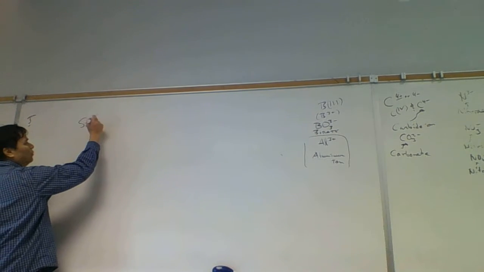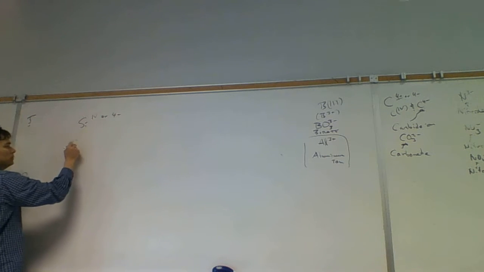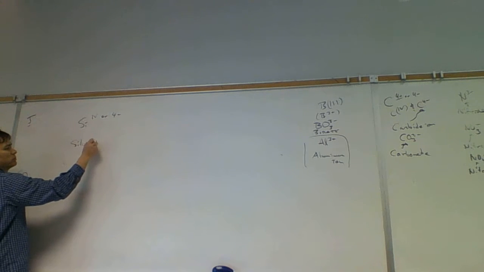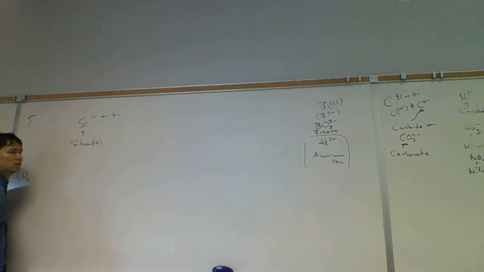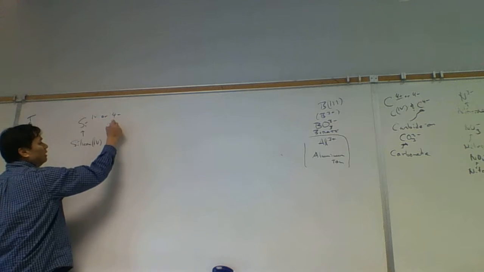So silicon 4, or 4 minus. We call the first one silicon 4. When you start getting these high charges, we typically use Roman numerals to indicate that they have to be stabilized by something. Silicon 4 is usually stabilized by some negative charge next to it from some other atom.